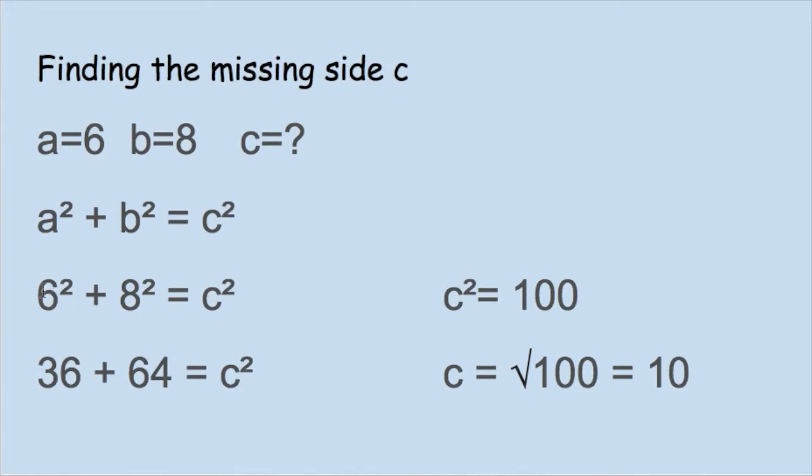By doing the math, 6 squared is 36, 8 squared is 64, 36 plus 64 equals 100, so we know c squared equals 100. So we can take the square root of 100, and our side length c equals 10.